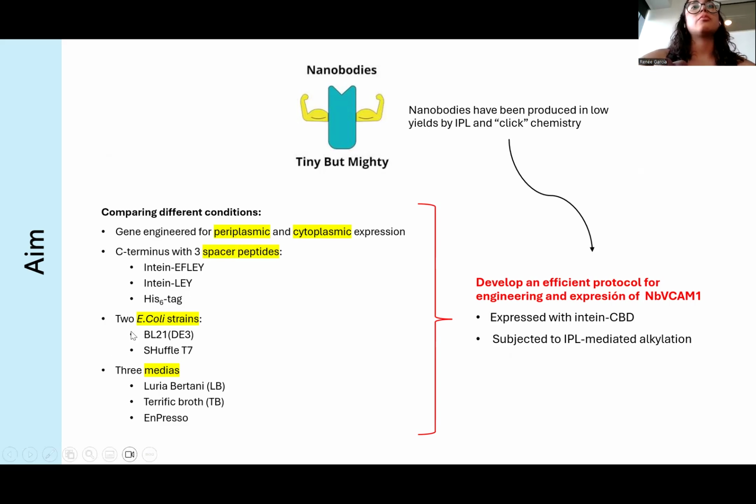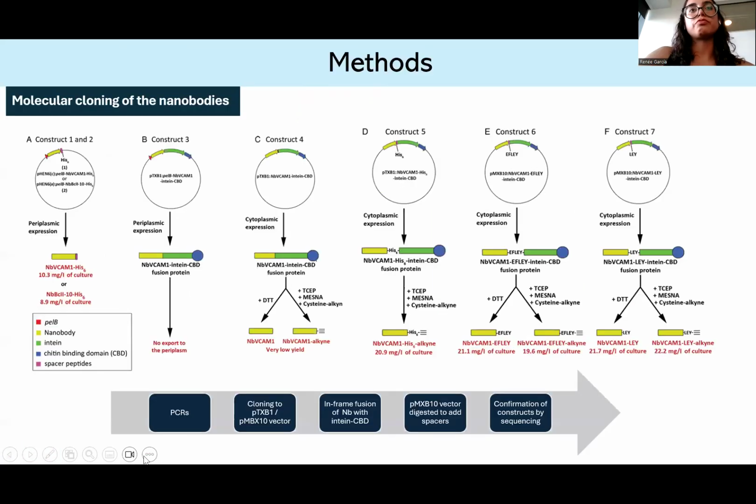Then they also compare the expression in 2 E. coli strains and in 3 media, which are LB, TB, and Overnight Express.